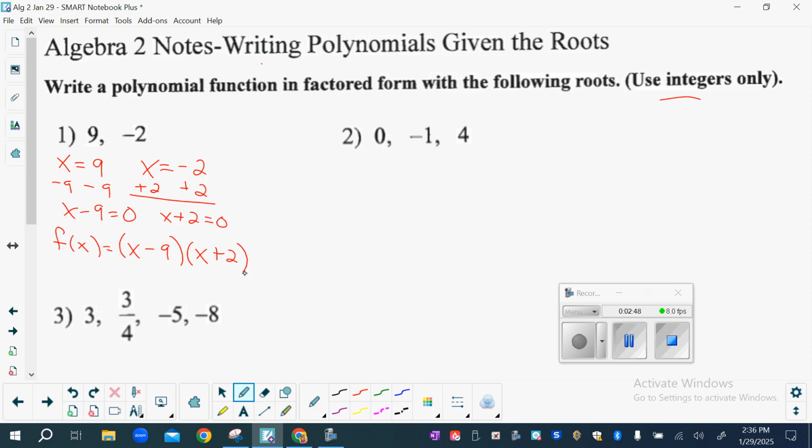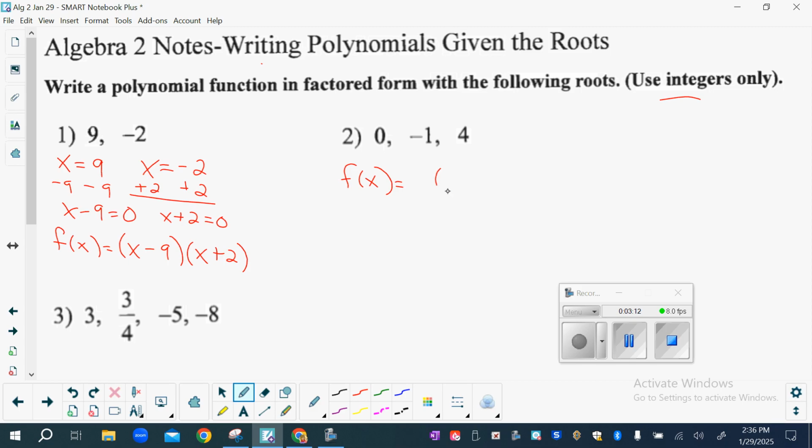So, not too hard, huh? So now we have 0, negative 1, and 4. Do we want to do the math on it, like write it out, or do we want to just go straight to the factor? Straight to the factor. Okay, so what would the factor be for negative 1? X plus 1.